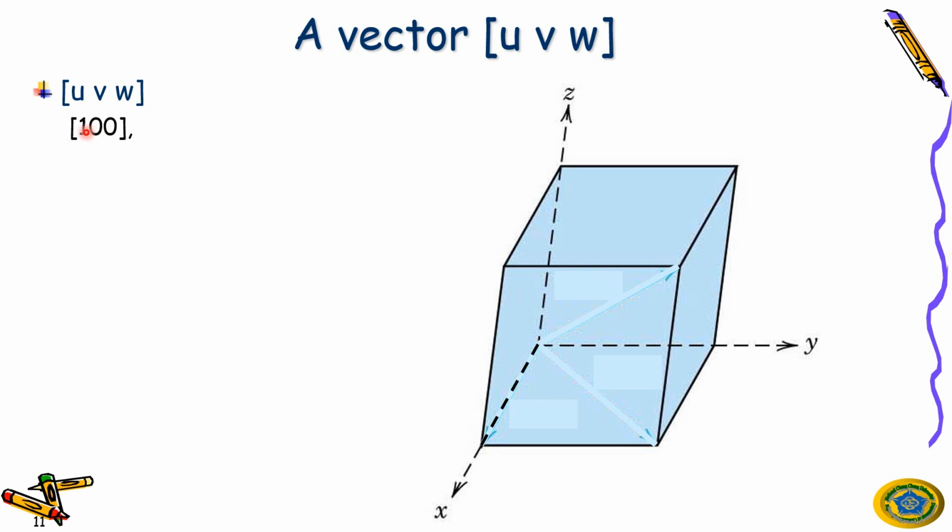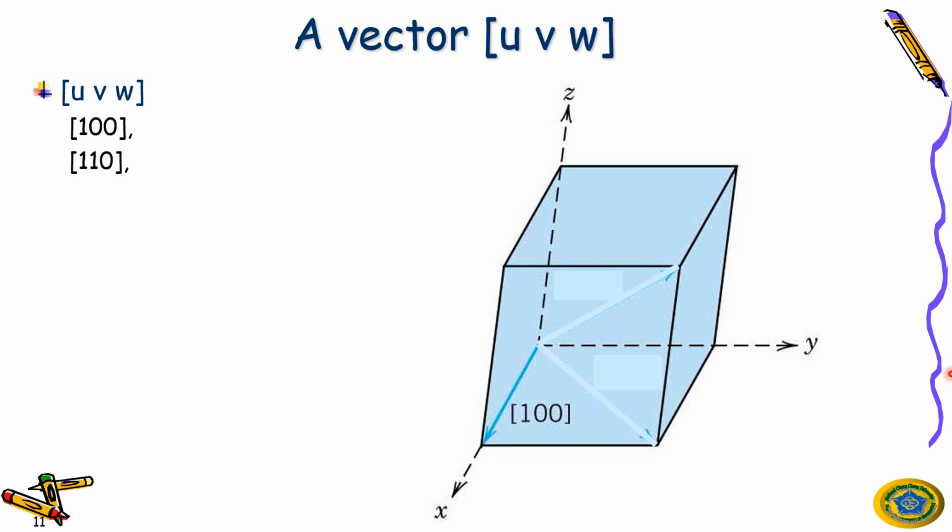So how do you draw [1 0 0]? That means the projection to the x-axis is 1, right? And the projection to y is 0. The projection length to the z-axis is 0. So how do you draw this vector for me? Can you? This is 1, right? Easy.